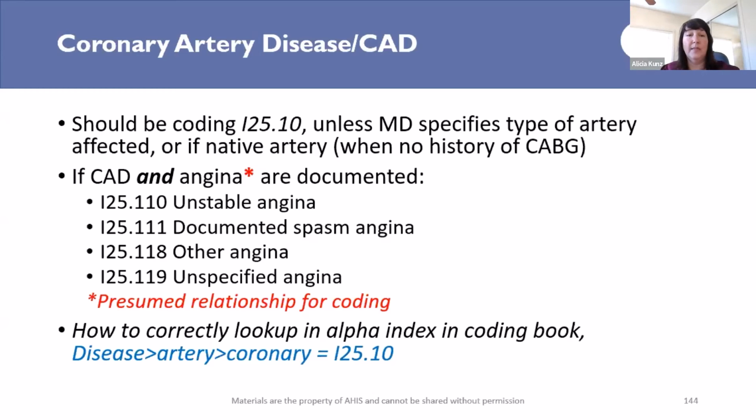So you can see a couple examples here. I25.110 is unstable angina, and I25.119 is unspecified angina. So again, coronary artery disease and angina, if they haven't had a coronary artery bypass graft, you're going to code from this category, and you're going to code them as related. Next.